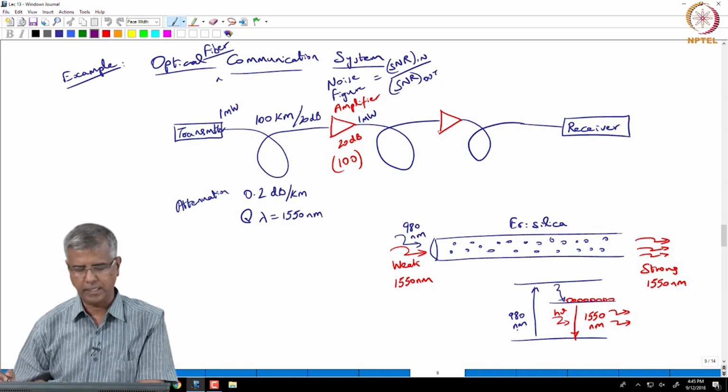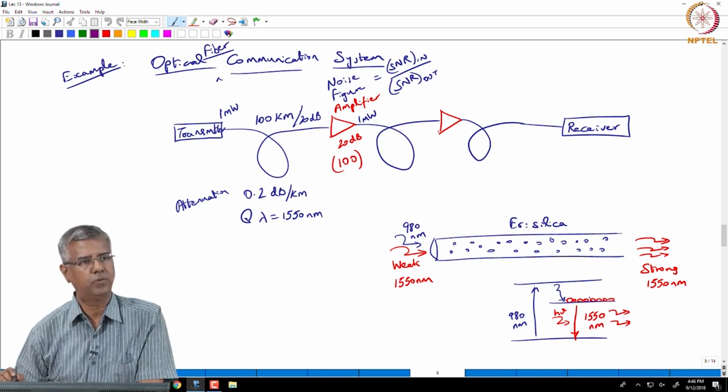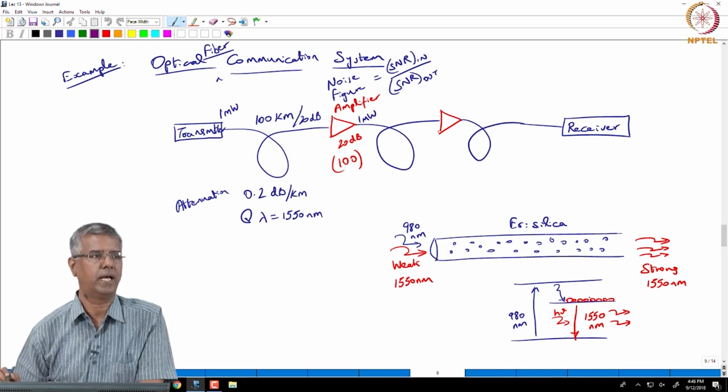And then we said the excited state is relatively short lived. The next energy level is relatively close. When I say relatively close, what I mean is that the energy difference corresponds to the phonon energy of the glass.